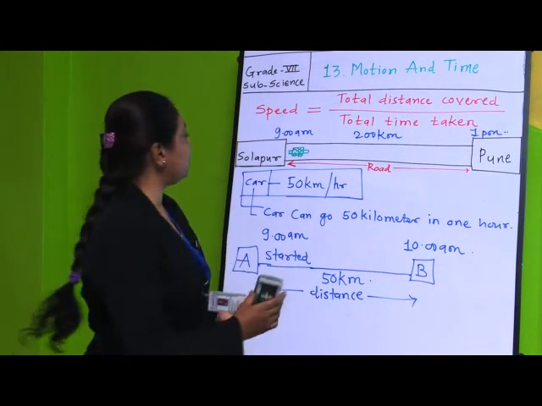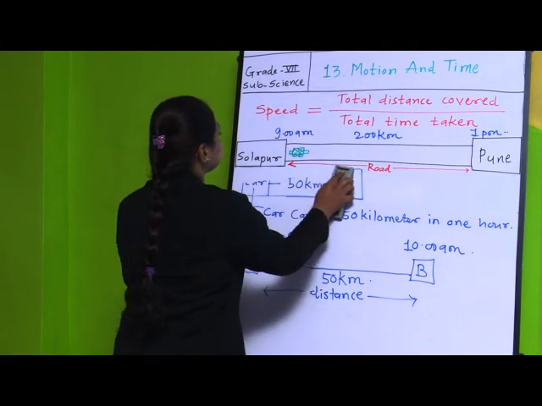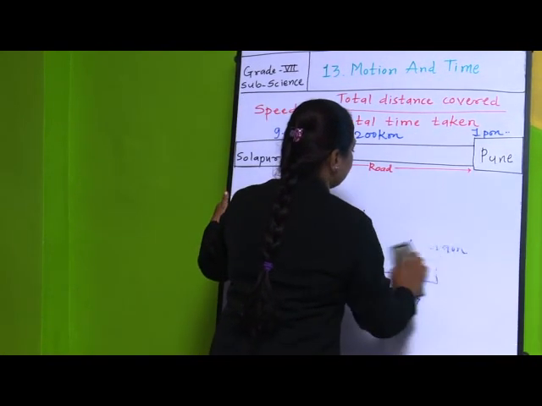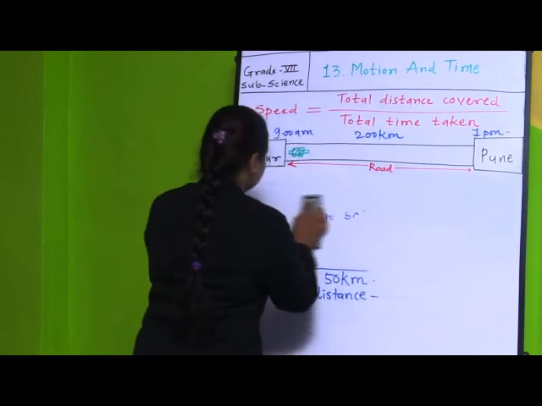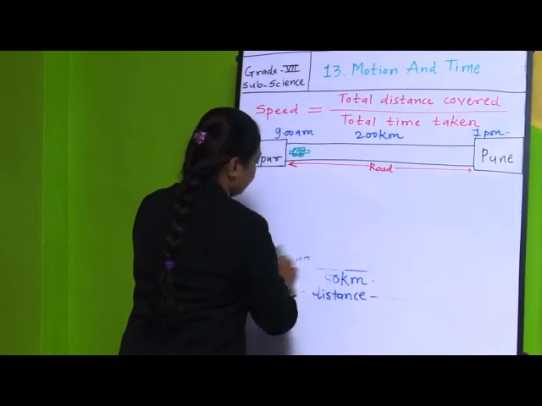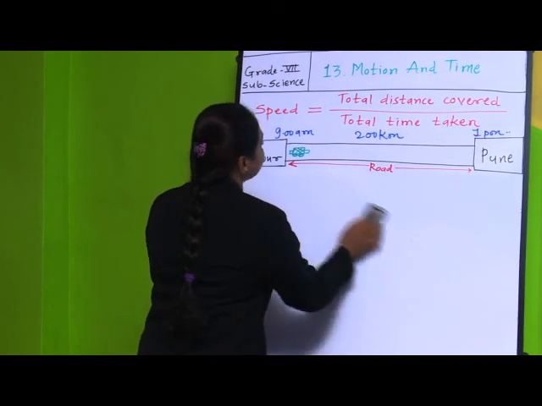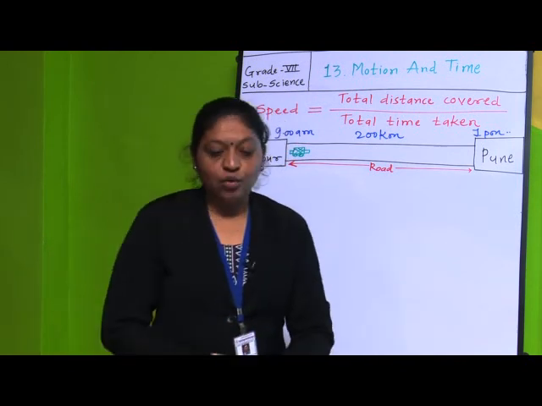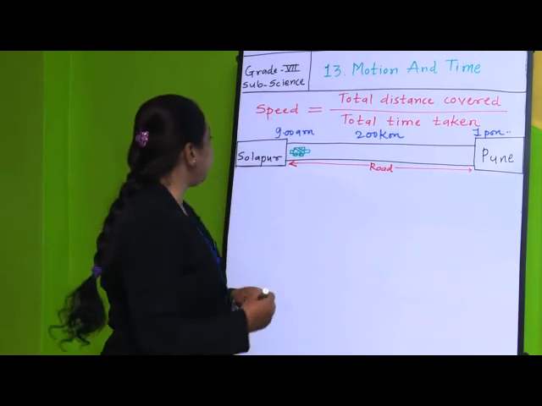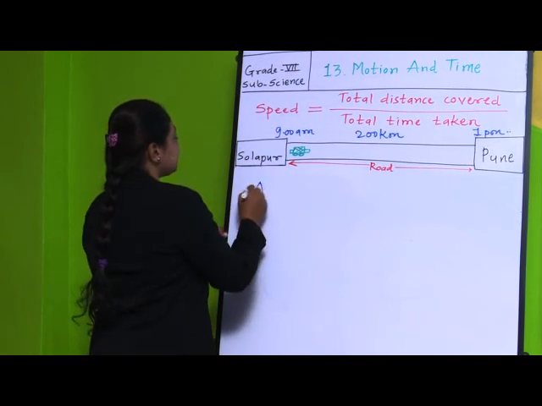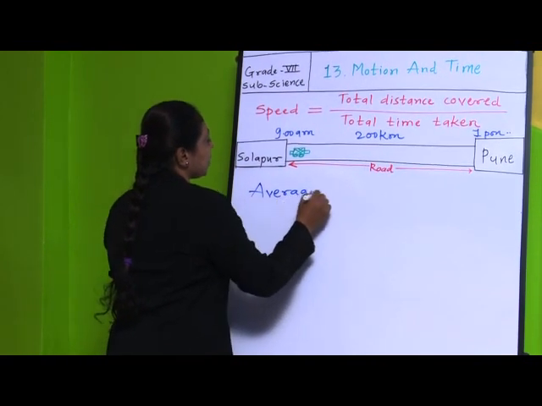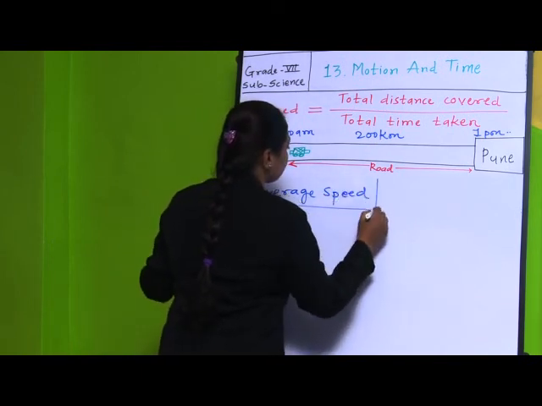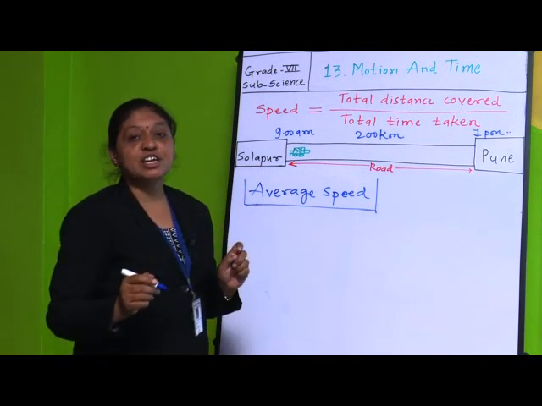What is the definition of speed? In your textbook it is given that we shall use the term speed for average speed. Why can we use average speed?